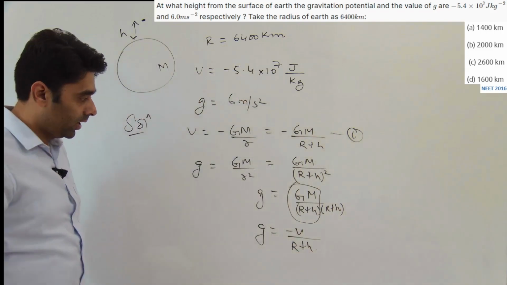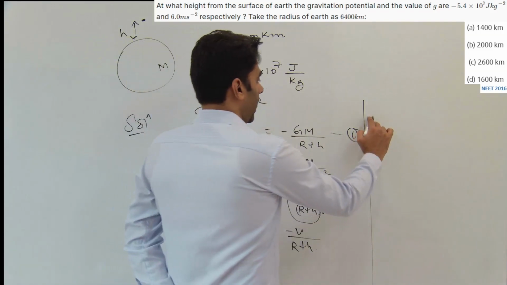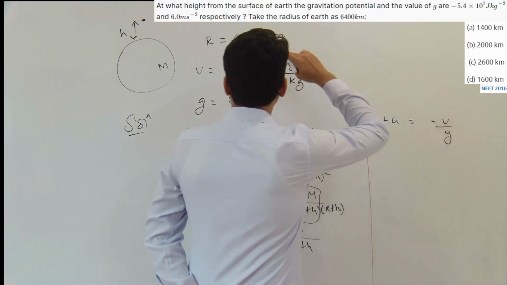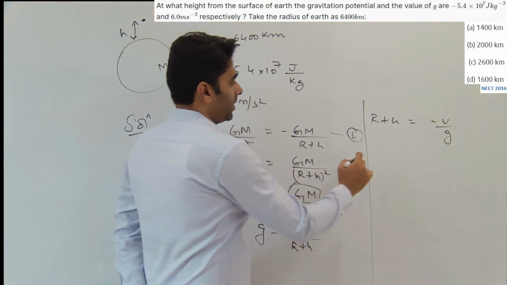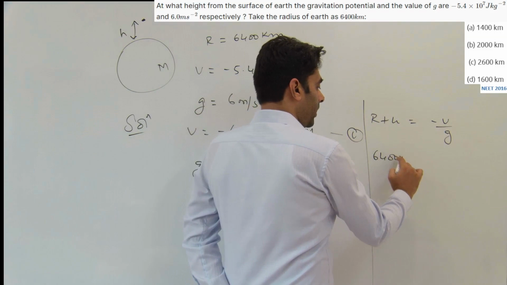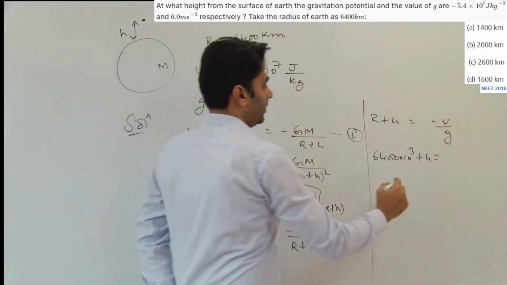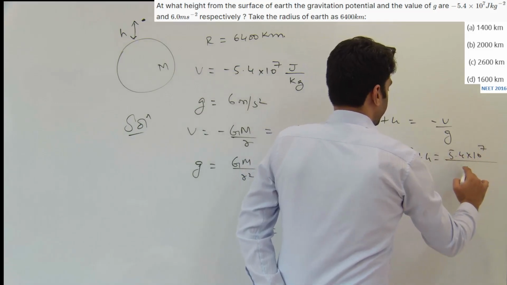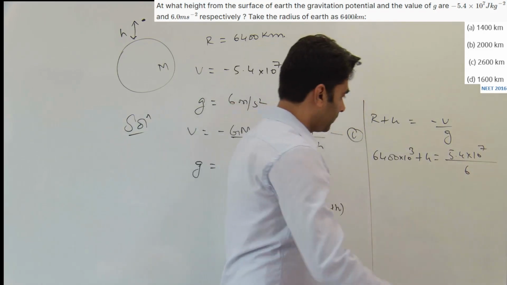Fine, well and good. Let us simplify this further. So r plus h is equal to minus of V by g. The V value given to us is minus 5.4 into 10 power 7. So minus minus will become plus. So r is 6,400 kilometer, that is 6,400 into 10 power 3, plus h is equal to 5.4 into 10 power 7 divided by the g value, which is given to us as 6.